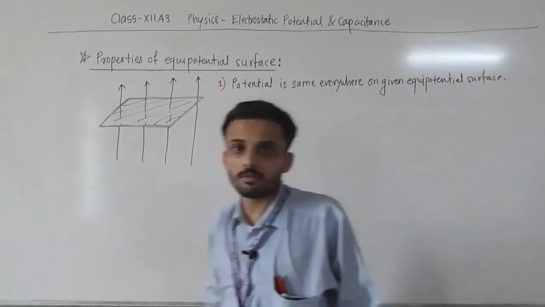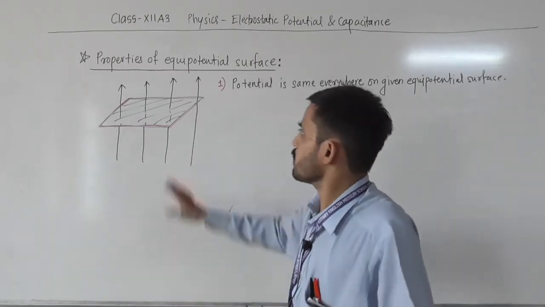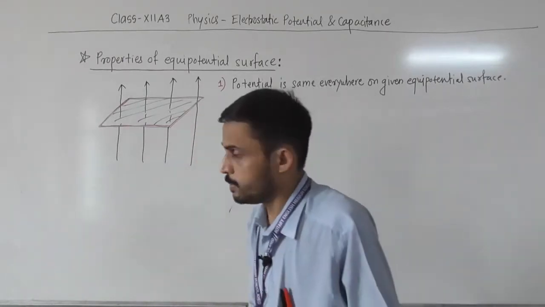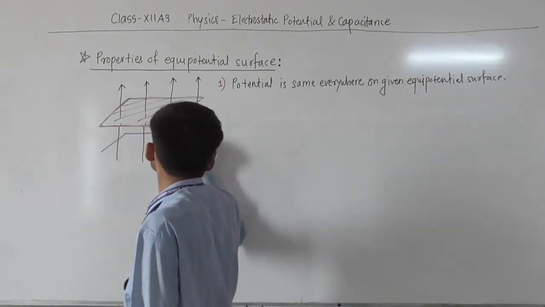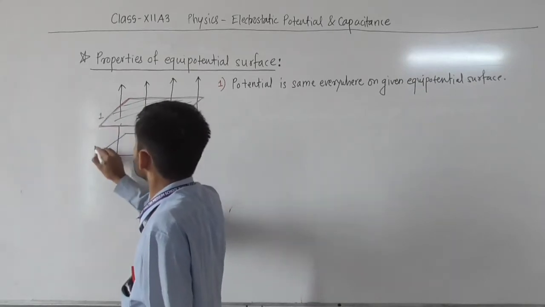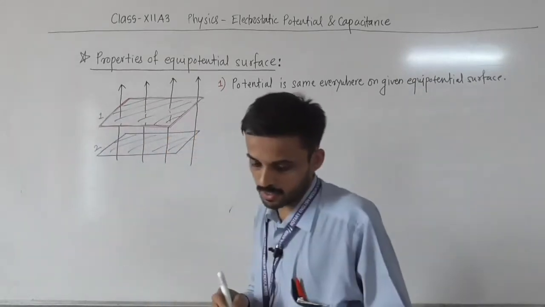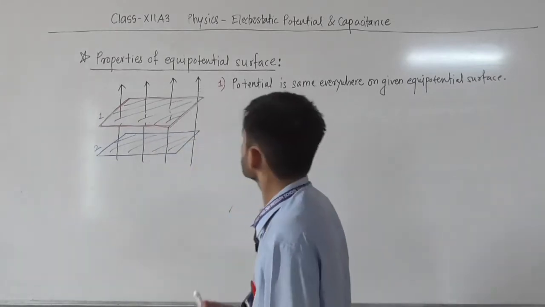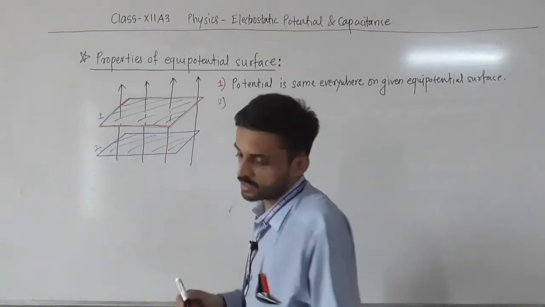So whatever the equipotential surface I have chosen, for that particular equipotential surface, potential will be same everywhere. But suppose this is surface number 1, this is surface number 2. This is also an equipotential surface. So number 1, potential is same everywhere on equipotential surface.